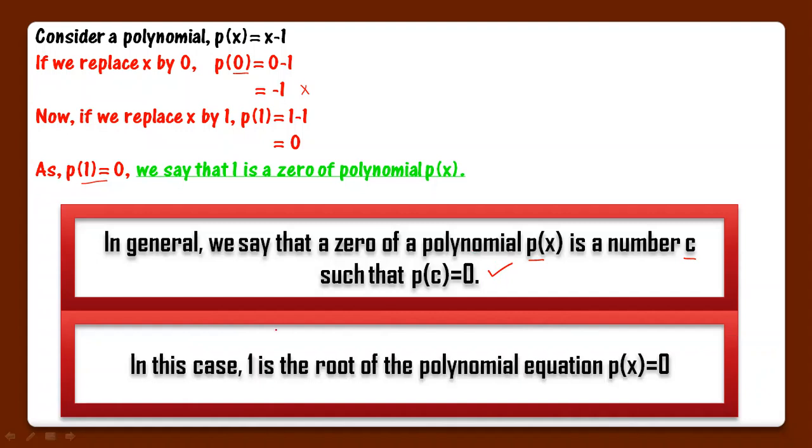In this case, what we have seen in the above example, 1 is the root of the polynomial equation p(x) equals 0. 1 will also be called a root of the equation p(x) equal to 0, and a 0 of the polynomial and root of the polynomial equation.